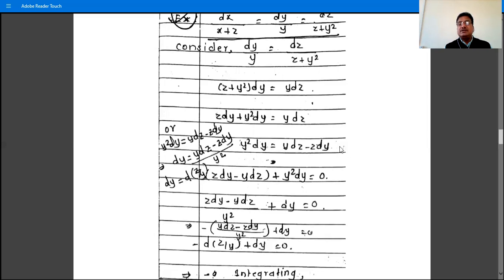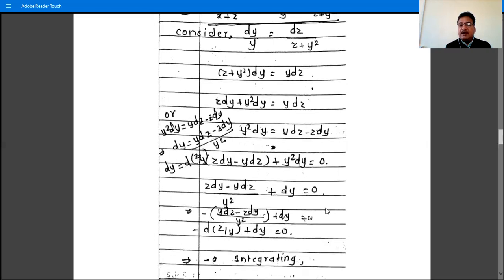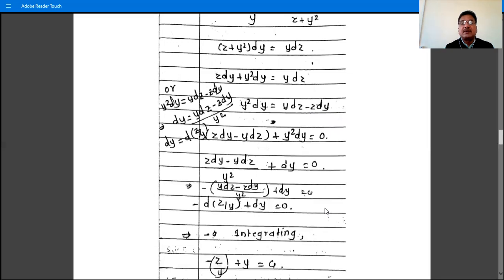So dividing this equation throughout by y square, what do we have? z dy, suppose this z dy and y dz substitute to LHS, then we have z dy minus y dz divided by y square, and this y square gets cancelled, so dy is equal to 0. Either divided by z square or divided by y square.